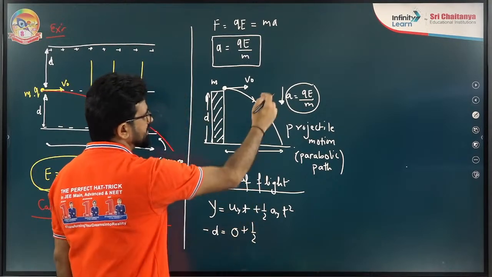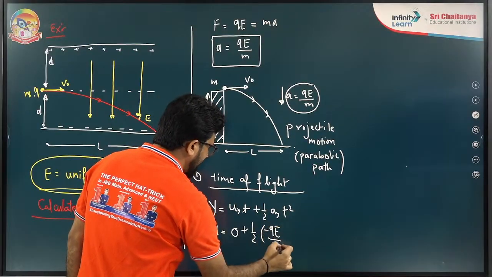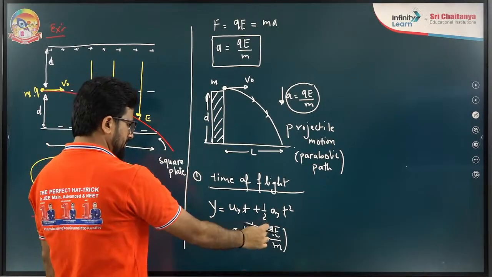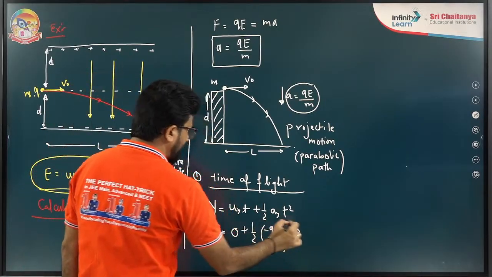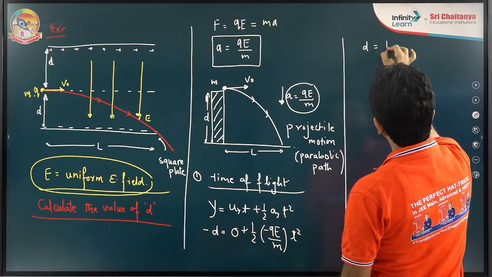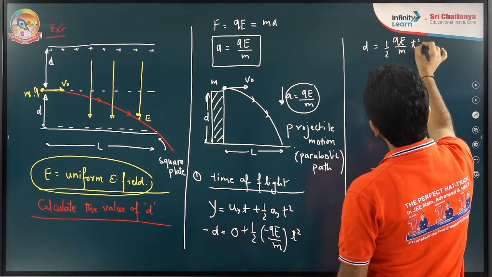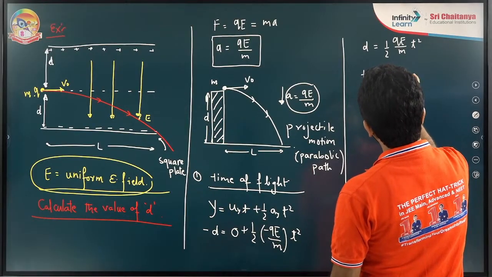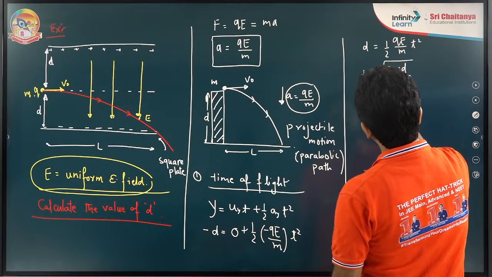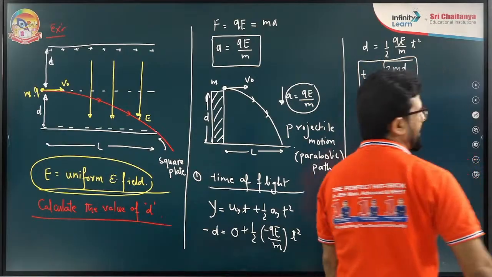The acceleration in y direction is downward, equal to minus QE by m. Why am I taking the minus sign? Because downward direction we generally take negative, so the negatives cancel. From here, d is equal to 1 by 2 QE by m into t square. So t is equal to the square root of 2 m d divided by QE. This is the time of flight.